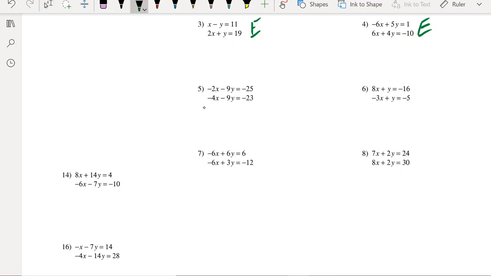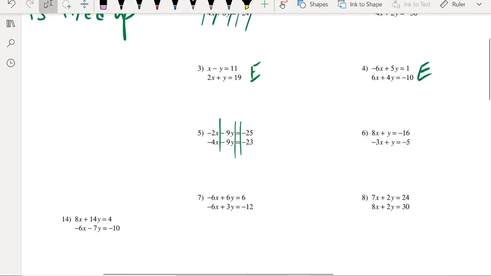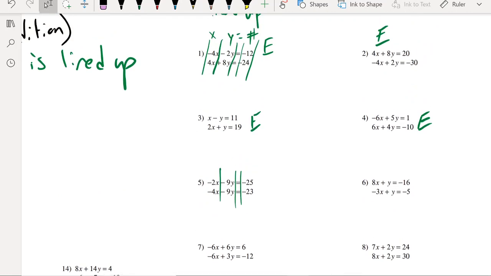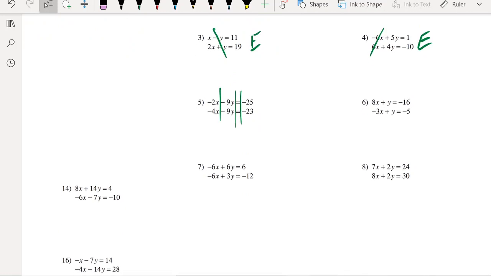This one is not as good for elimination, because if you look here, they're all nice and lined up. However, in previous problems you didn't have to do anything to eliminate a variable. Right here, the x goes away. Here the x goes away. Here the x goes away. Here the y goes away. But here, nothing goes away if I add these.